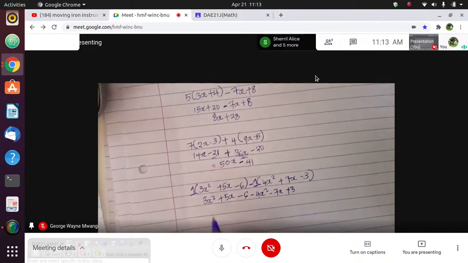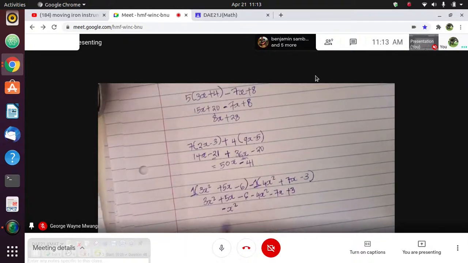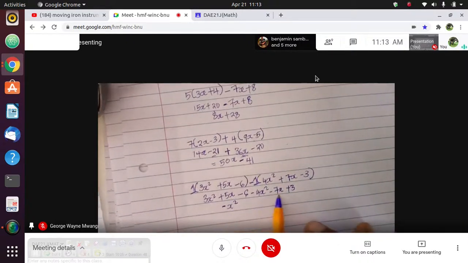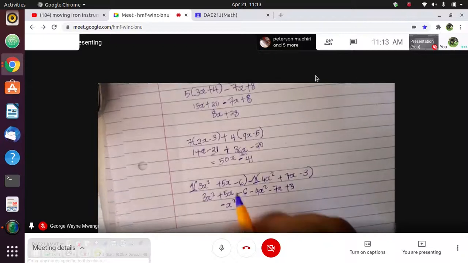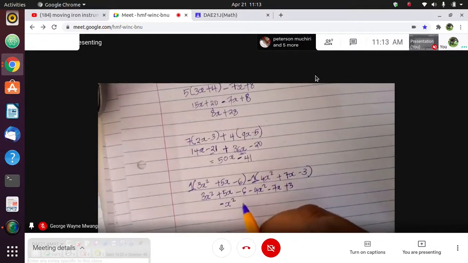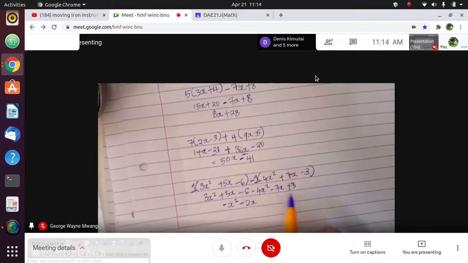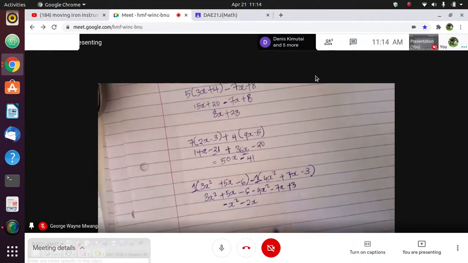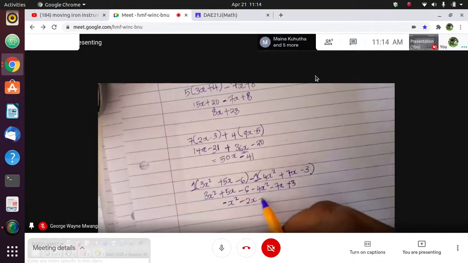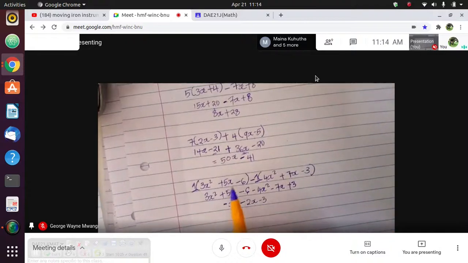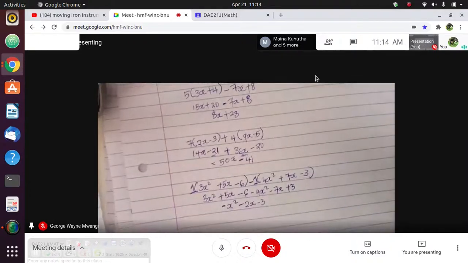So unabaki na minus x squared. X kuna 5x na minus 7x. Inabaki ngapi? 5x minus 7x unapata minus 2x. Minus 6 plus 3 unapata ngapi? Minus 3. So that is a simplified expression. Are we together?